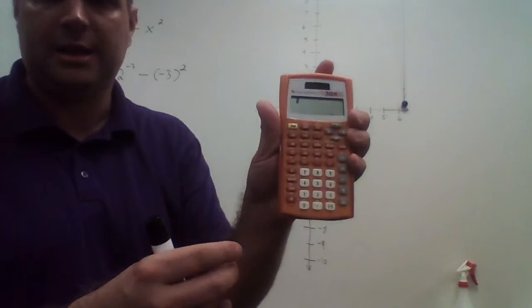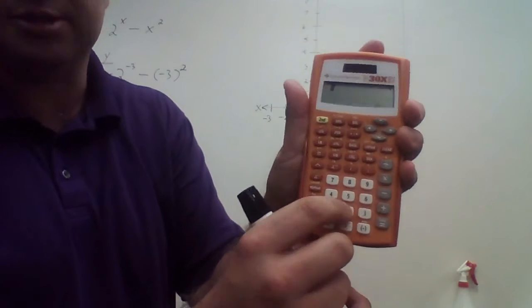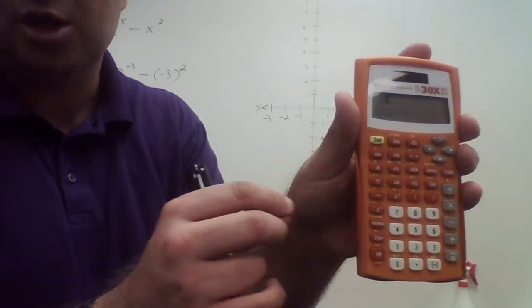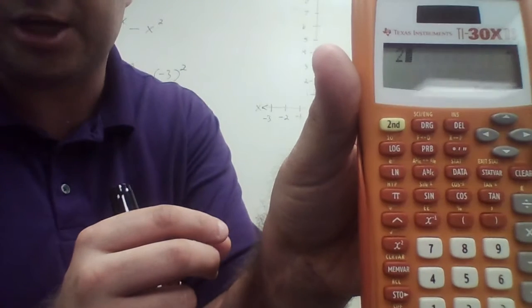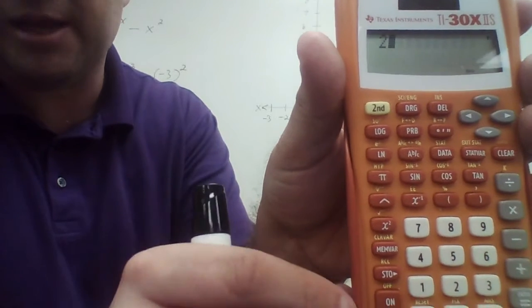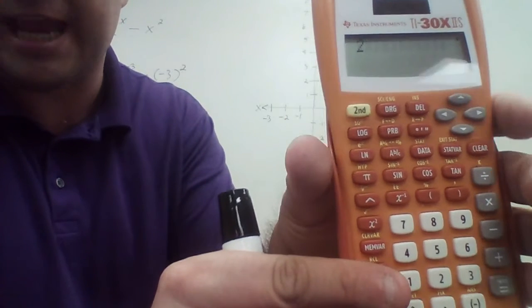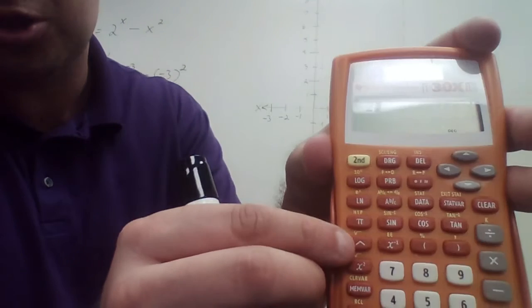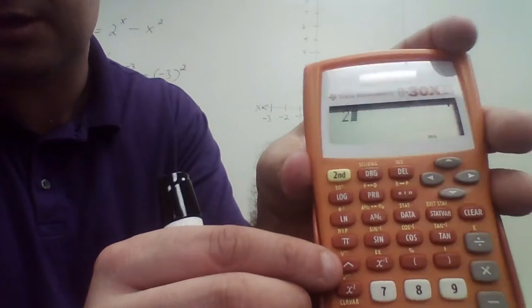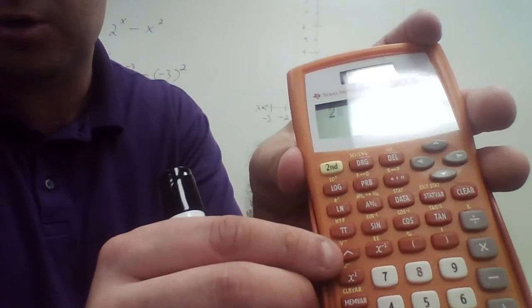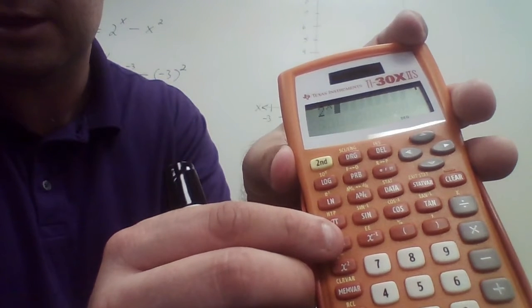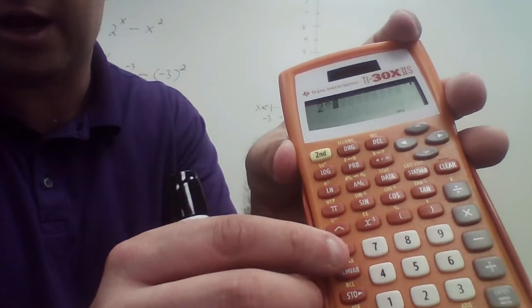So I hit 2. Now, to do a generic power button on your calculator, it's going to be the upside down V on this calculator, this one right here. So 2, hit that button, and then you're going to want to enter -3.